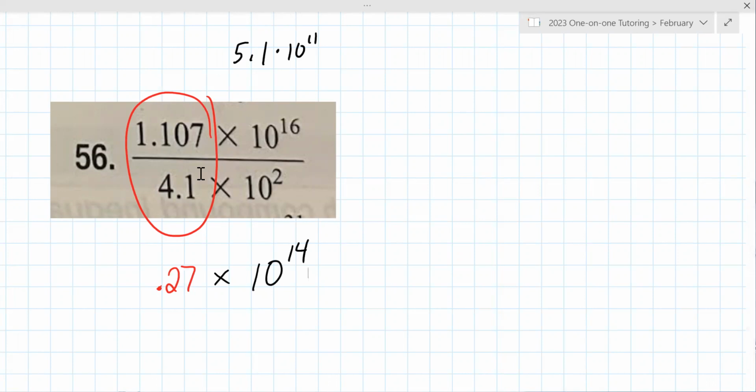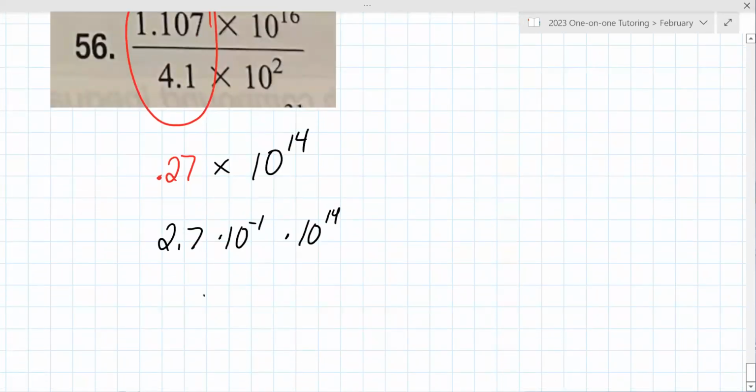So then you get 0.27 times 10 to the 14. And the base is not between 1 and 10, so we have to manipulate the base. So this becomes 2.7 times 10 to the minus 1 times 10 to the 14. So it's 2.7 times 10 to the 13.